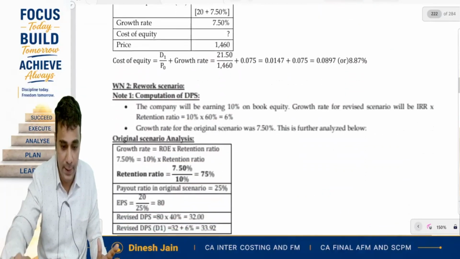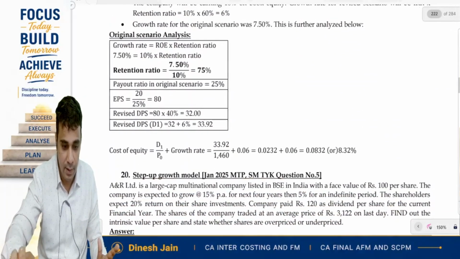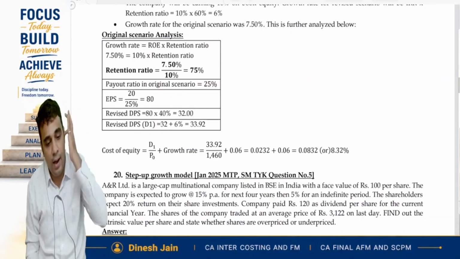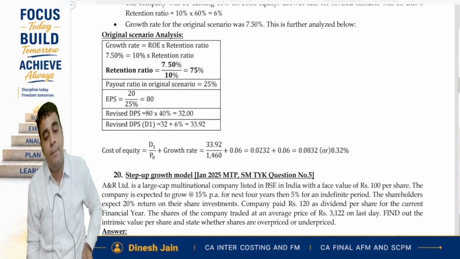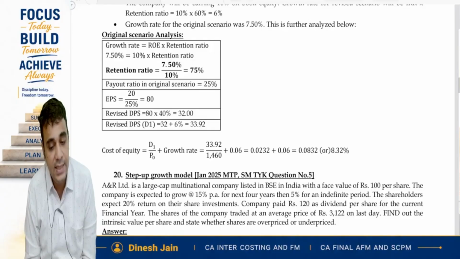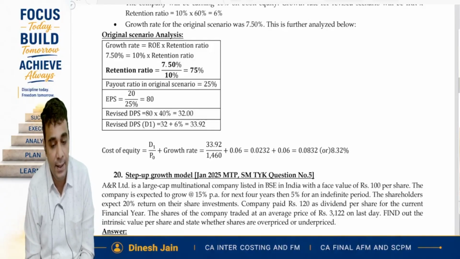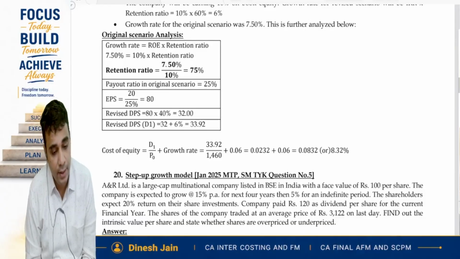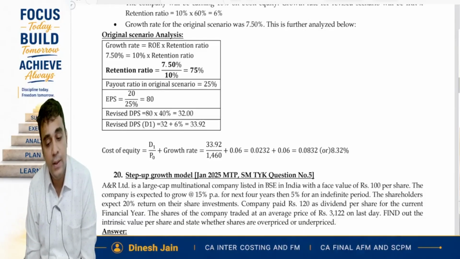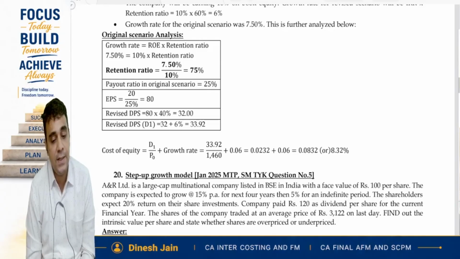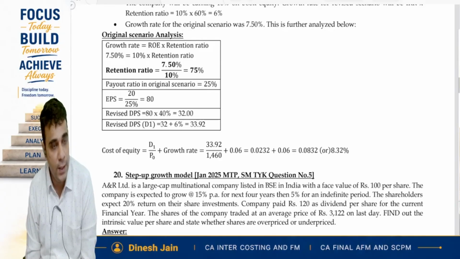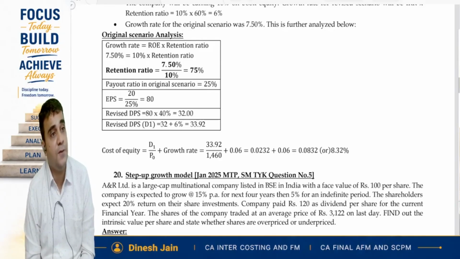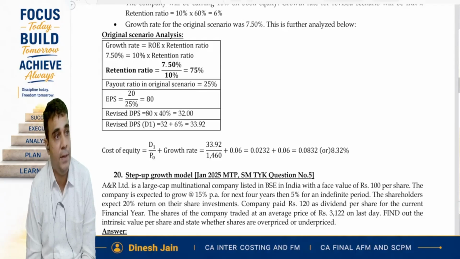Let's come to 20. A&R is a large cap multinational company listed in BSE in India with a face value of 100 per share. Company will grow at 15% for next 4 years and 5% for an indefinite period.